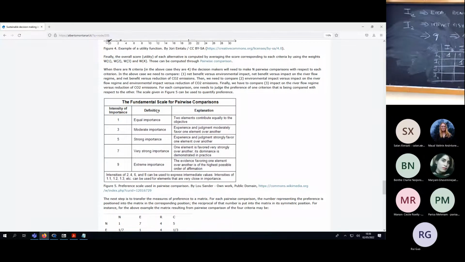Let's remember what are the criteria. Impact on the fishes, I2. Impact on the landscape, I3. And impact on the recreational activities. Okay, let's suppose, first we need to elaborate an idea. So, okay, environment is more important than the economy, but what is more important here among these three?